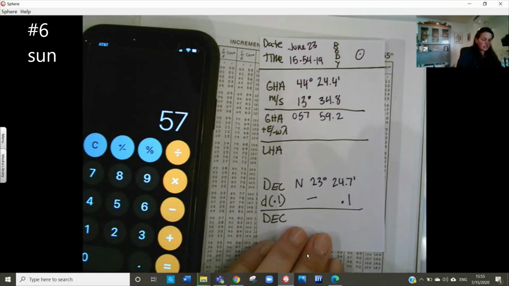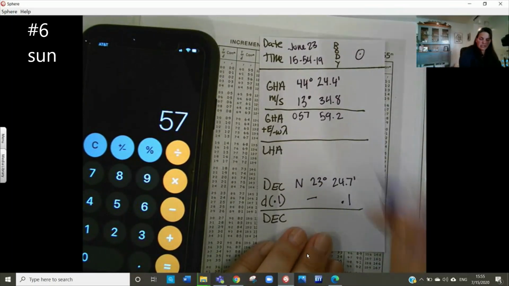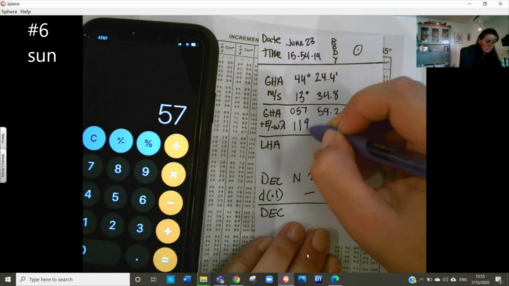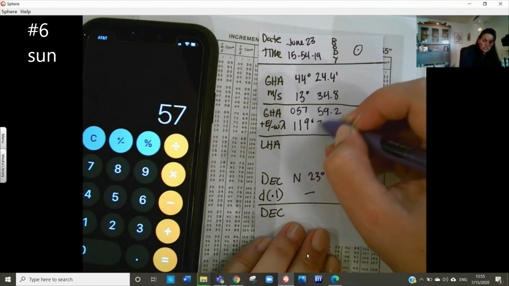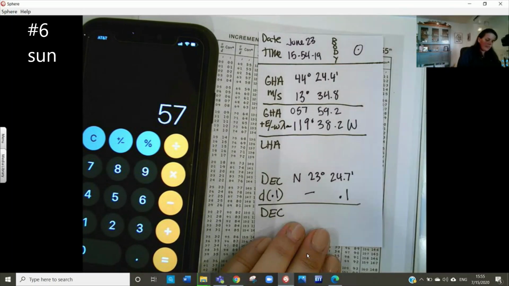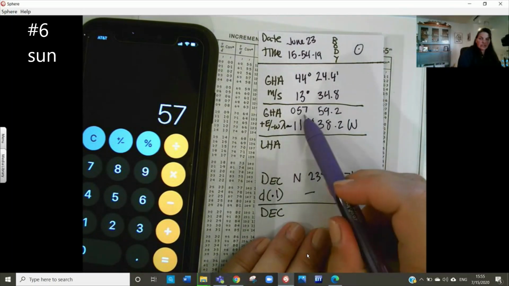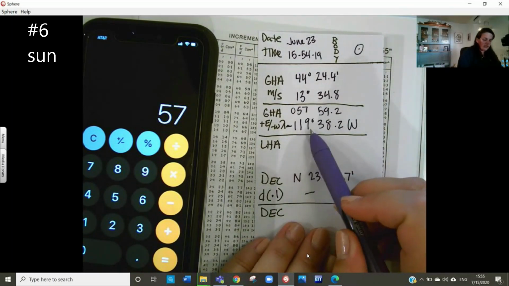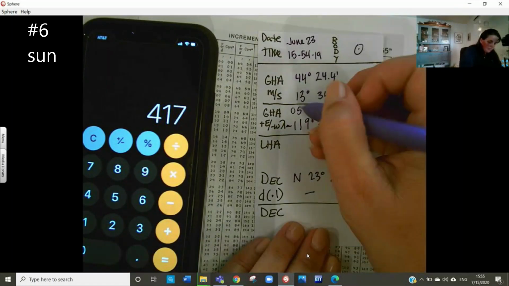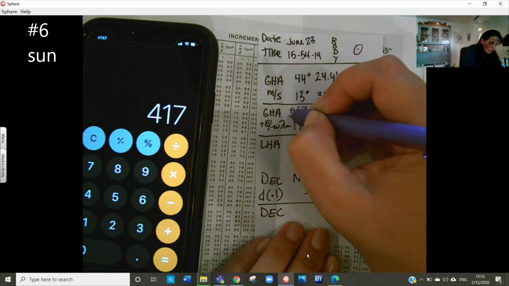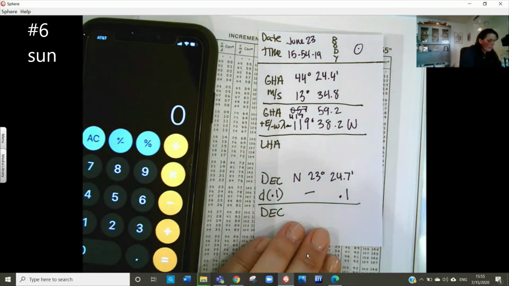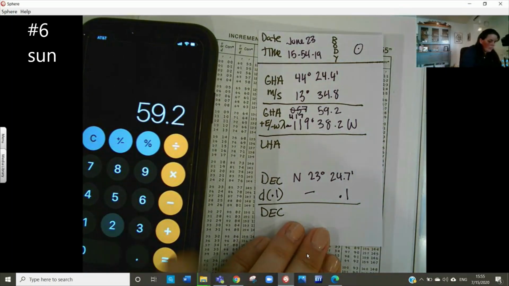Our DR longitude for number 6. We're going to be subtracting. We can't subtract 119 from 57, so we have to add 360 to it, and we get 417. Okay, so 59.2.